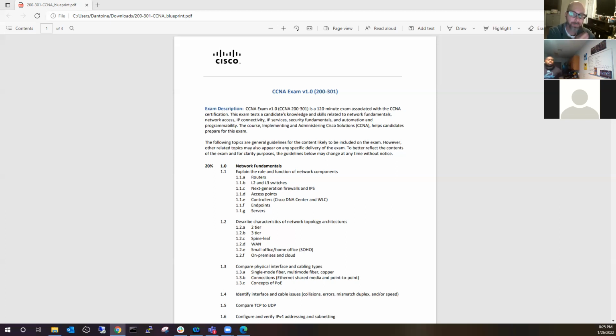Let me ask you this. Can you connect an endpoint, or I should say an end user, to a routed port on a layer 3 switch? So a routed port would be layer 3.